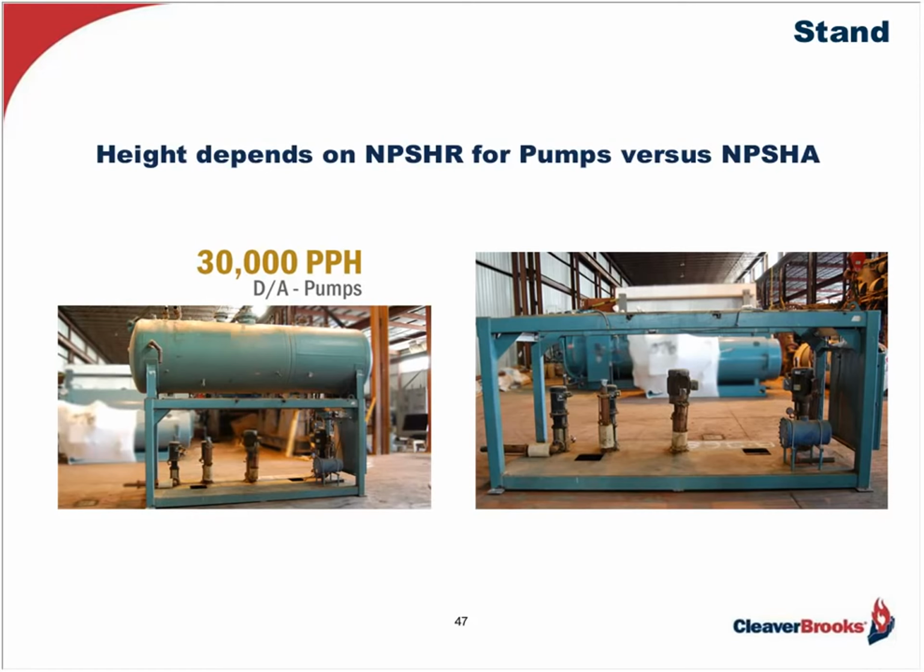To be safe, though, we normally add about 2 feet, making it 7 feet above the pump's inlet in this case. And by the way, that's what we refer to as NPSHA, net positive suction head available, versus what the pump manufacturer is requiring, NPSHR.